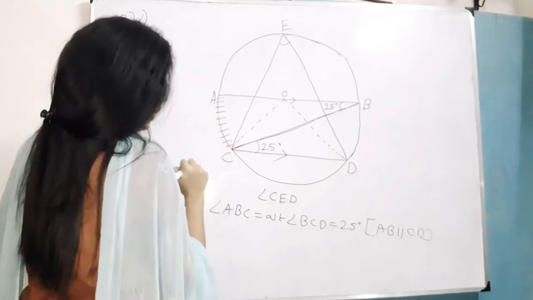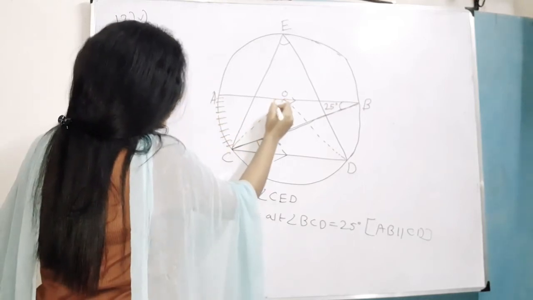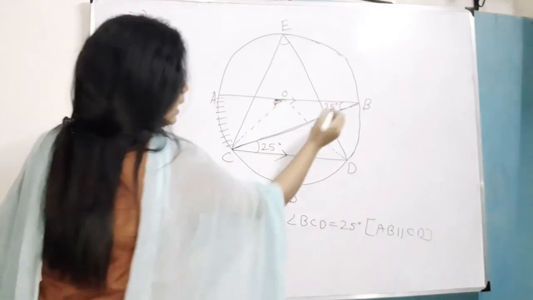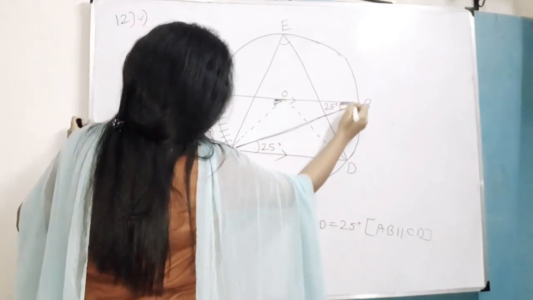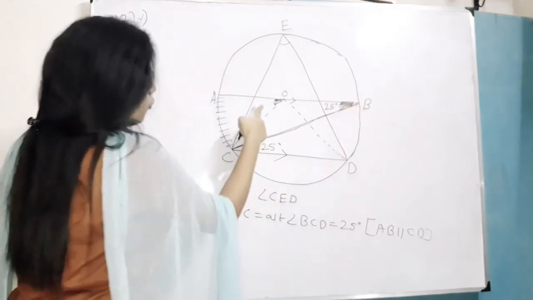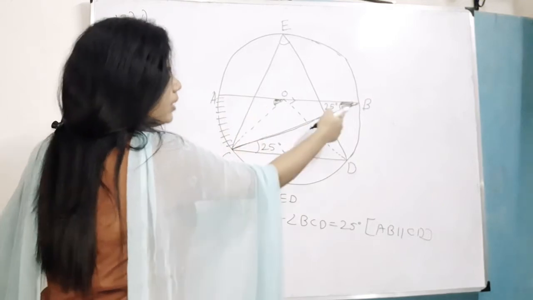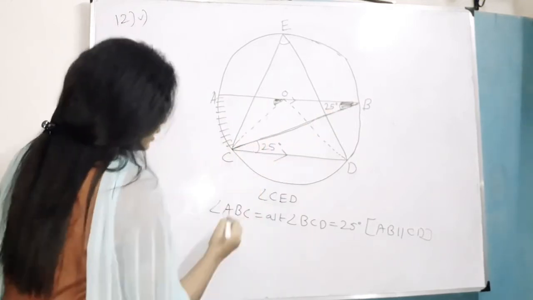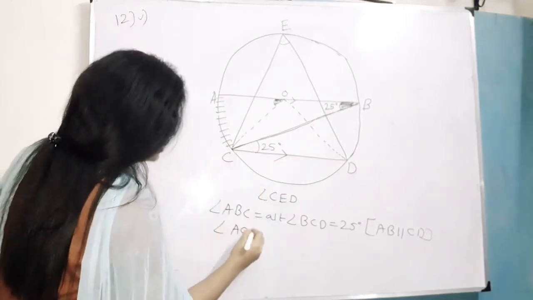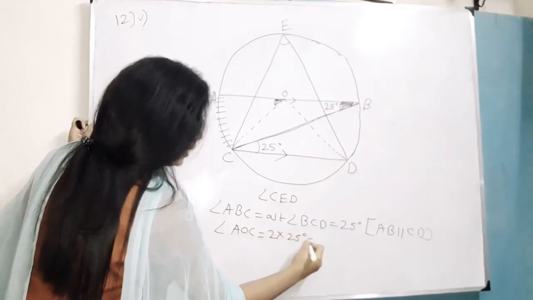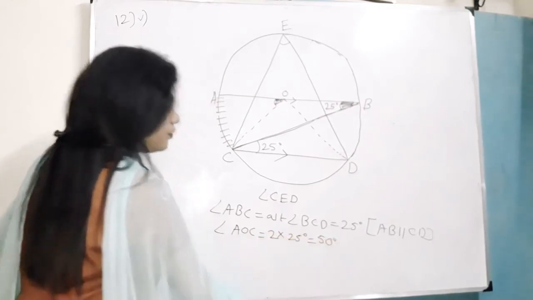Two angles are there. One angle is at the center, and another angle is at the circumference. So the central angle will be just double of this angle. That means angle AOC equals 2 into 25 degrees, that means 50 degrees.